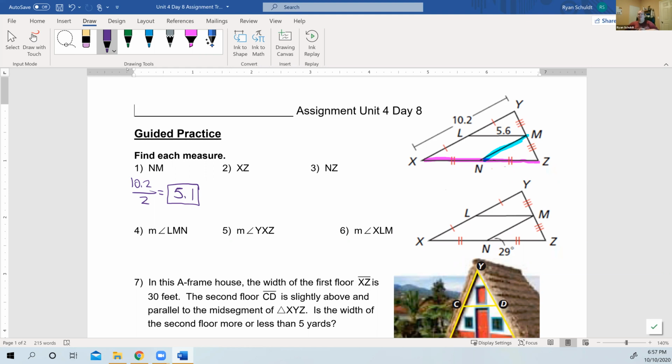Yes. That mid-segment measures 5.6. So I need to get not half of that. I need to double that. So 2 times 5.6, which gives me what? 11.2. So there's that one.